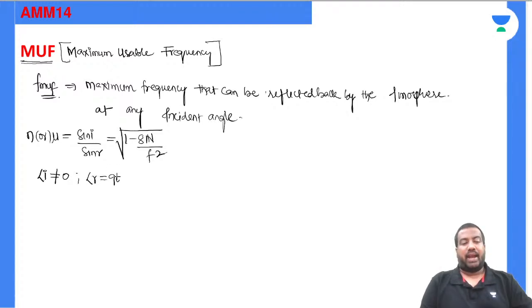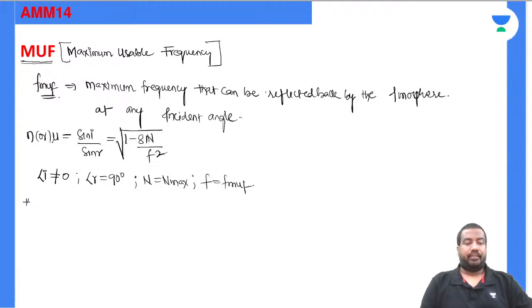When the wave is bending back, angle of refraction is 90 degrees. N is n max. F is FMUF.